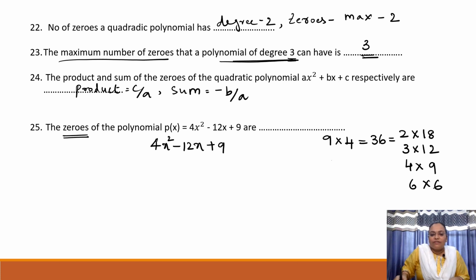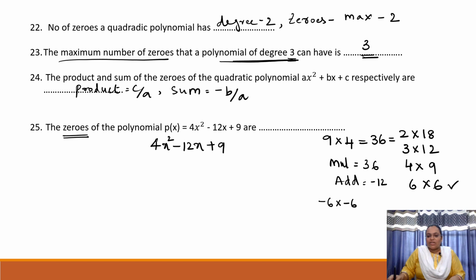Okay. So if you multiply these two factors, you need to get 36, and if you add them, you need to get minus 12. Yes. So I will take the combination minus 6 and minus 6. Okay.